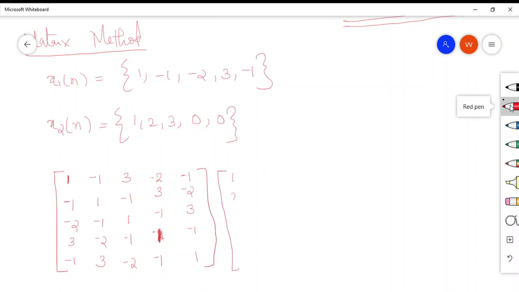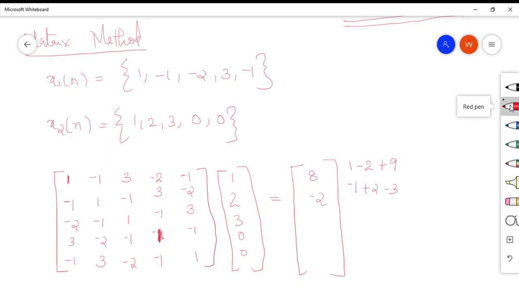So now you write x2 of n as a column, 1, 2, 3, 0, 0. Now you multiply these two, you will get the answer. So matrix multiplication. Here, 1 minus 2 plus 9, so this is 8. The second element is minus 1 plus 2 minus 3, so this is minus 2.